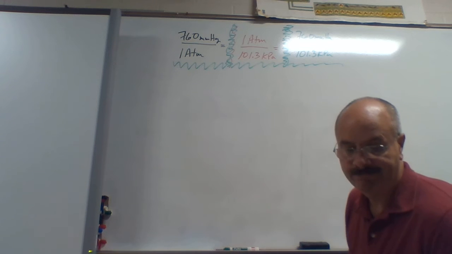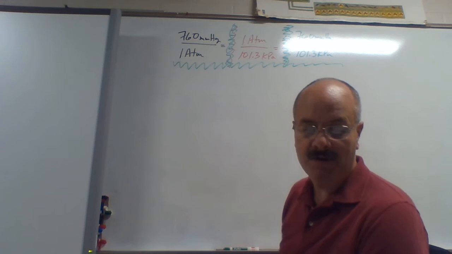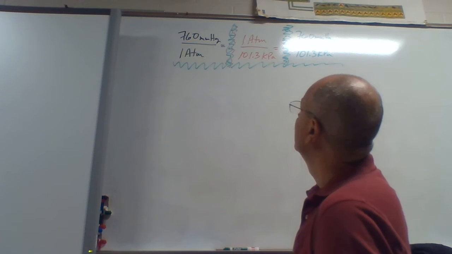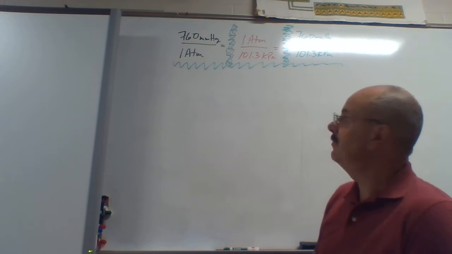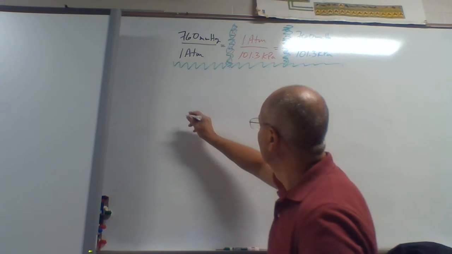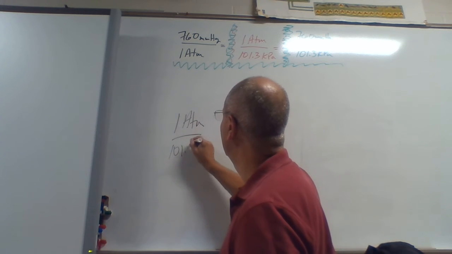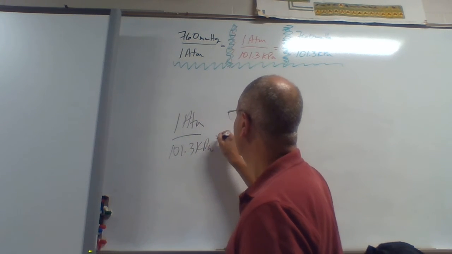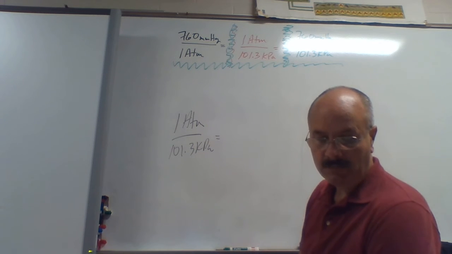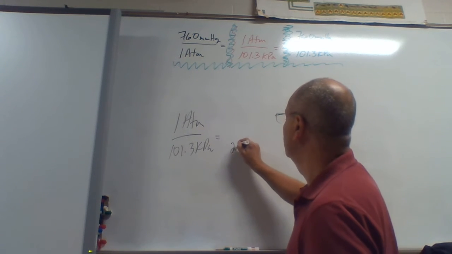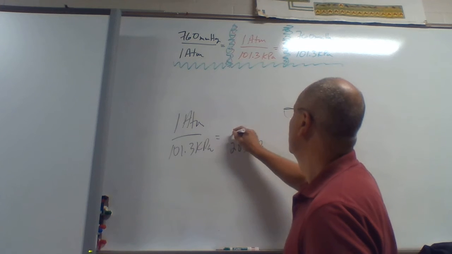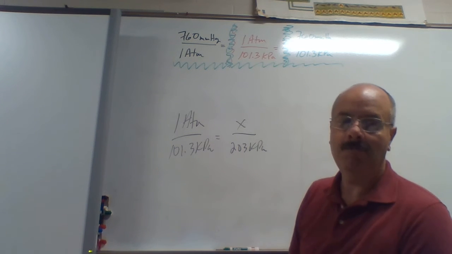All right, letter B. They gave us 203 kilopascals. We're supposed to go kilopascals to atmospheres. So that's the middle one here. 1 ATM is 101.3 kilopascals. They gave us 203 kPa, and we want to find out, well, how many atmospheres is that?